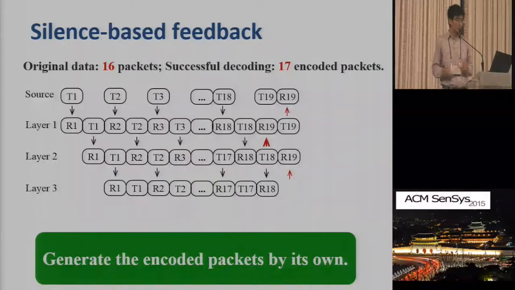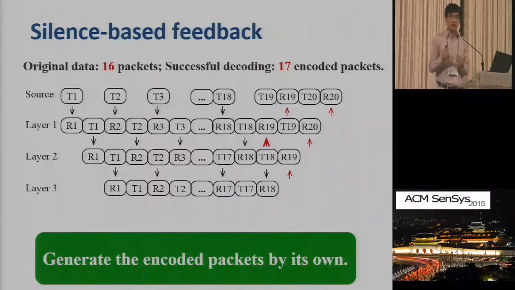So at this moment, when the leaf node recovers the data, it stops transmission. Such a silence of the channel can be detected by the upper layers by measuring the RSSI value of the channel. And if a silence of the channel is detected by the upper layers, it will stop transmission. Such a silence can be delivered to the source from layer to layer.